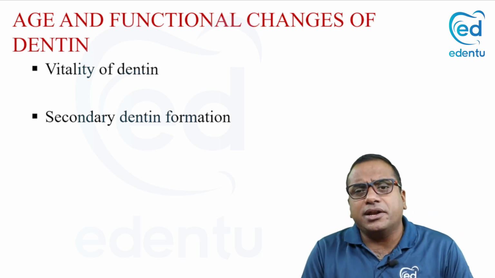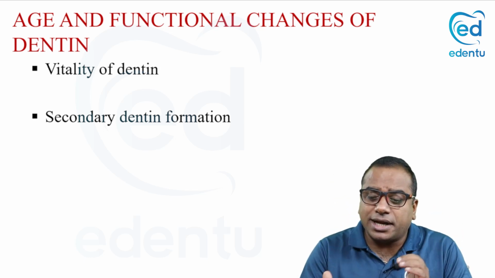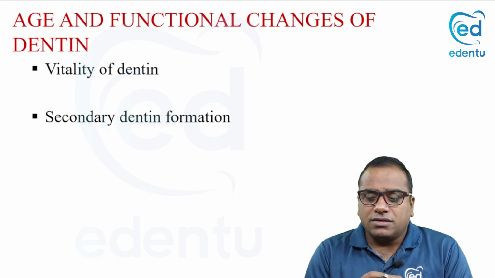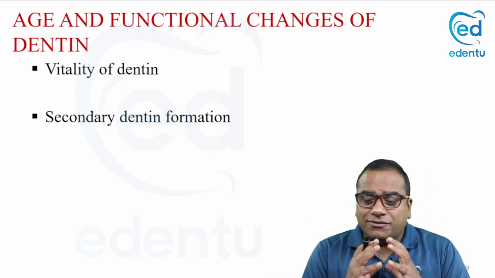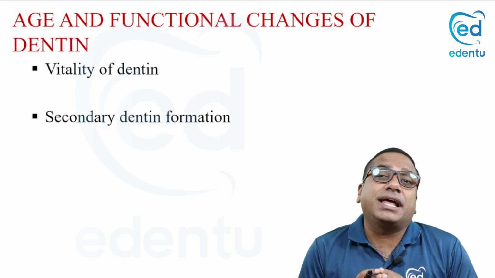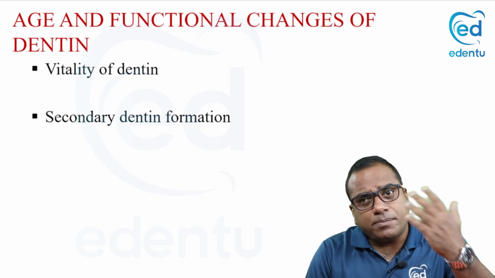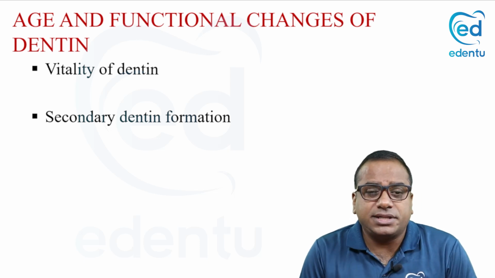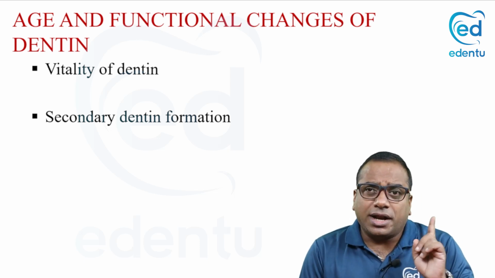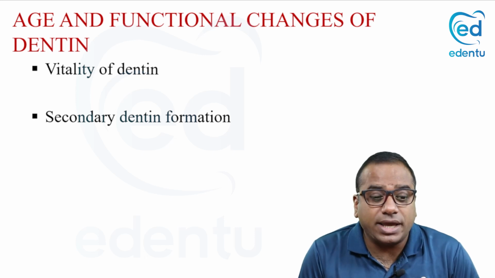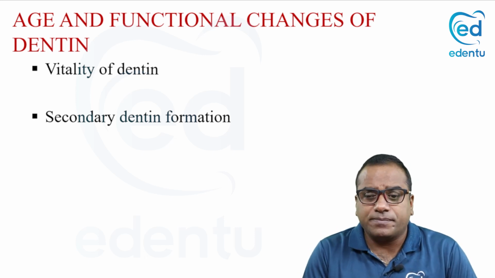This primary and secondary dentin are separated by a prominent contour line, which is formed at the bend that develops as a result of a sudden curve in the direction of the dentinal tubules. So there is a sudden bend where the primary and the secondary dentin change. Vitality of the dentin and secondary dentin formation are the first two age and functional changes that happen.